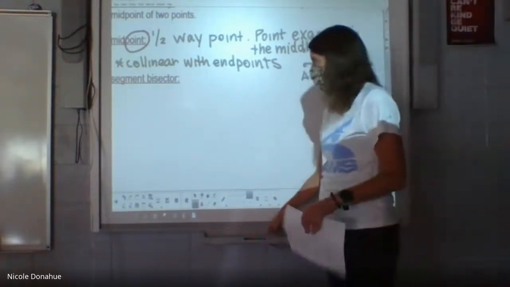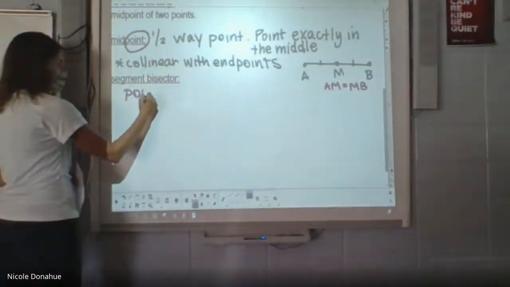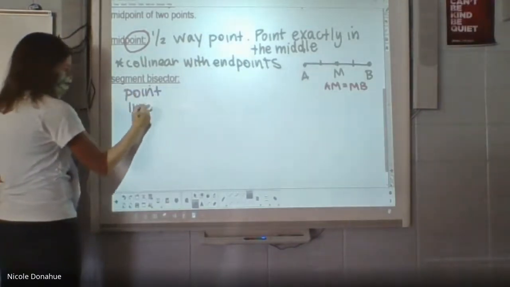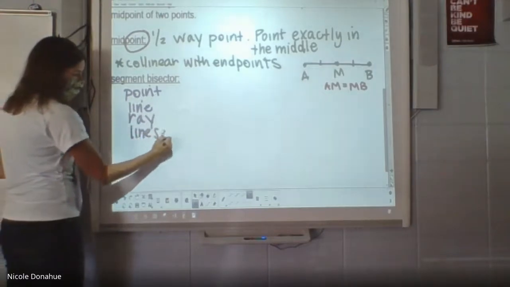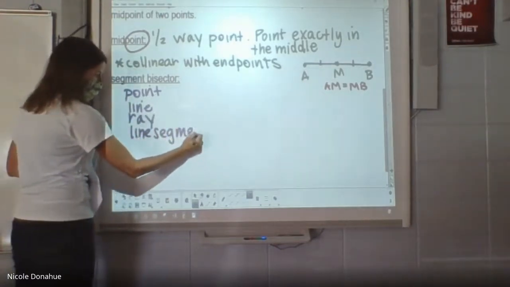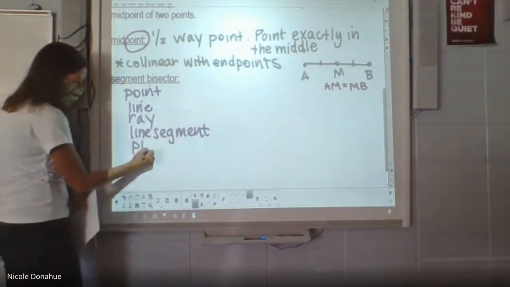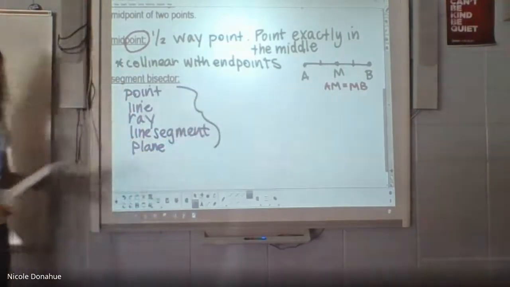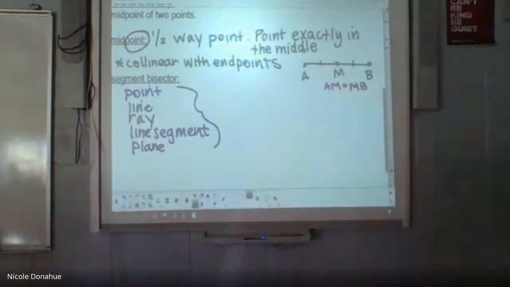So a segment bisector could be a point, a line, a ray, a line segment. I don't think there's anything else. Even a plane. And all of those things take the segment and cut it into two equal parts.